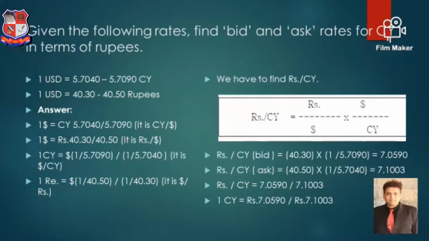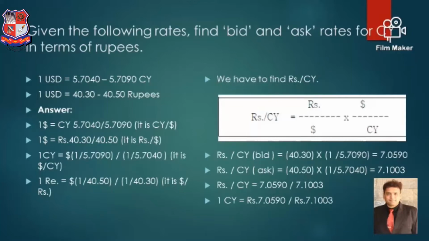Bid rate equals 40.30 multiplied by, now I'll reverse. When I reverse, to write the bid rate I will write 1 upon the ask rate, that becomes the bid. So 1 divided by 5.7090 becomes the bid rate for yuan to dollar.